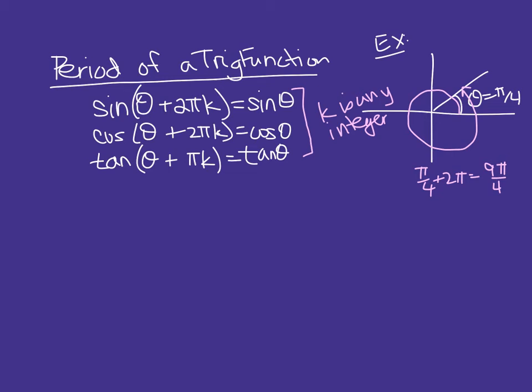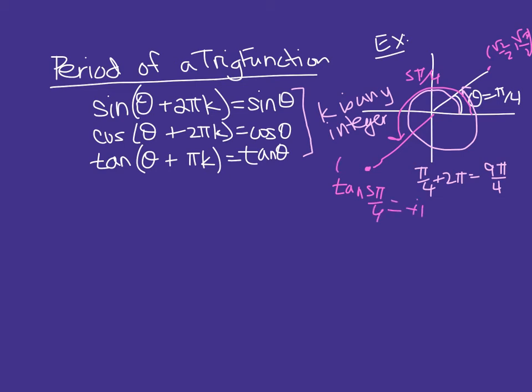For example, remember this is radical 2 over 2, radical 2 over 2, so tangent of pi over 4, which is 45 degrees, is 1. If you go a little bit further and add pi to pi over 4, that gives you 5 pi over 4, and you will get the exact same tangent. It's going to also give you positive 1.